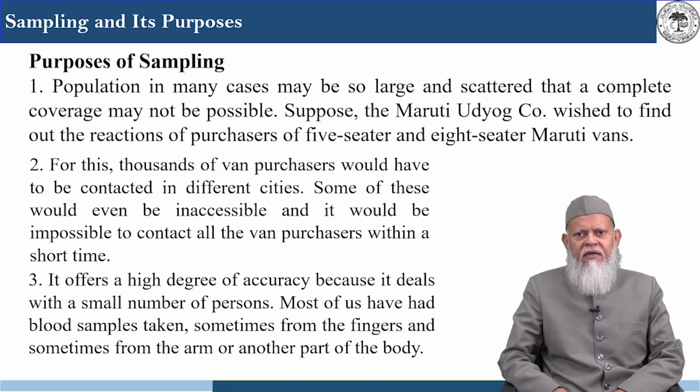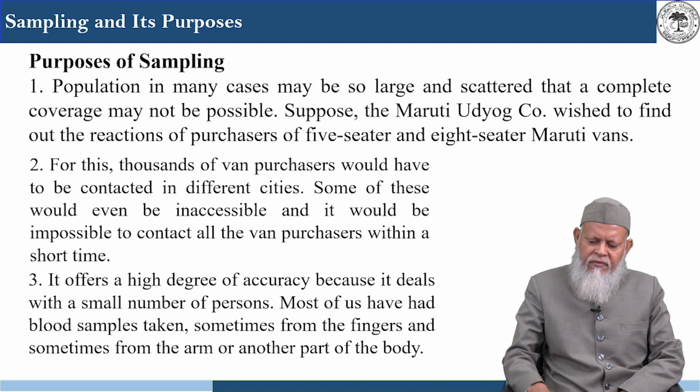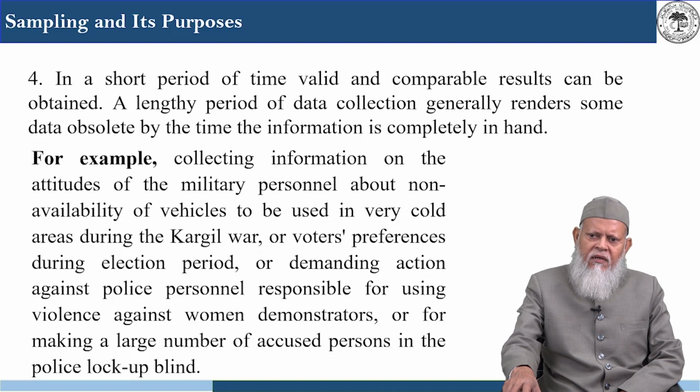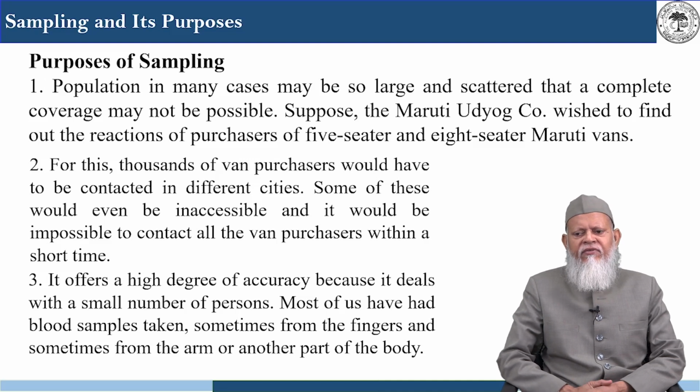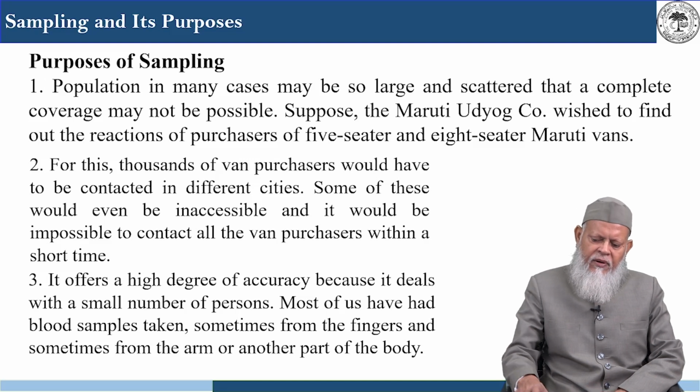This is why the generalization of the findings of the sample is not going to produce any difficulty. The sample also offers a high degree of accuracy because it deals with a small number of persons. Most of us have had blood samples taken, sometimes from the fingers and sometimes from the arm or another part of the body.